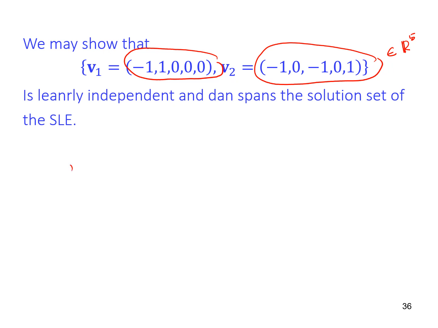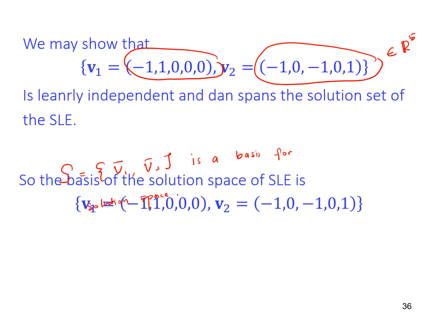And later, what we are going to do is prove that S is a basis for the solution space. Okay. So you might check that this set S is a basis for the solution space of the system of linear equations, because the set S is linearly independent and spans the solution set of the system of linear equations.